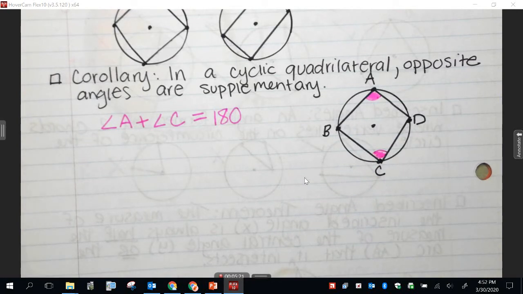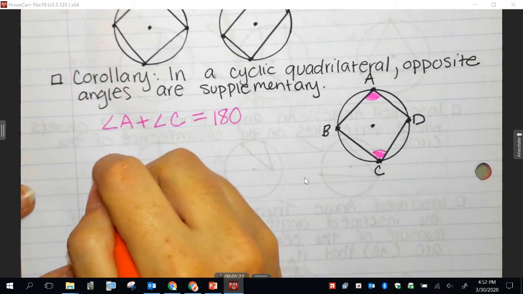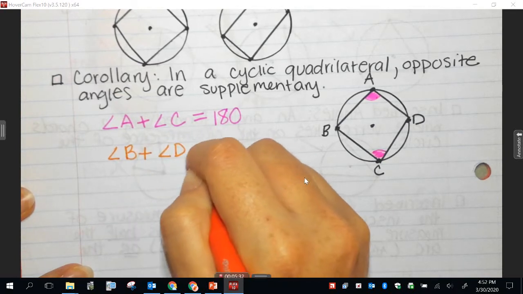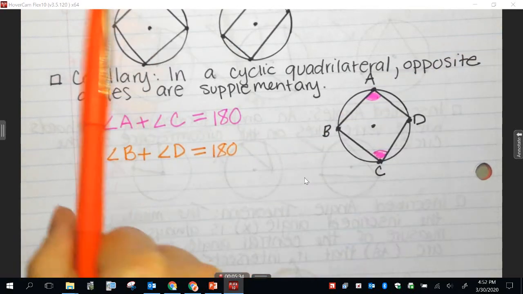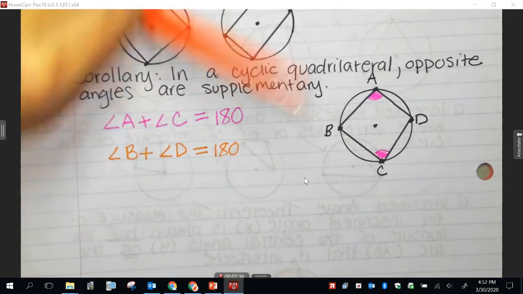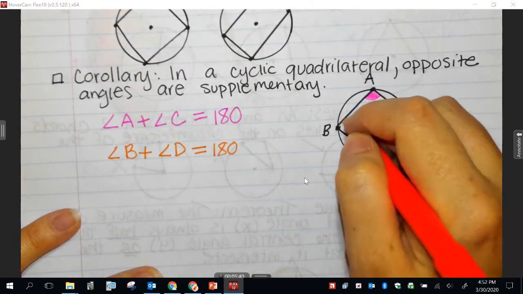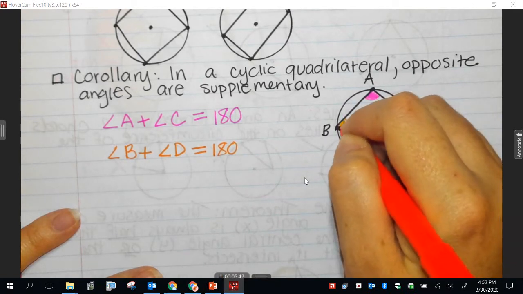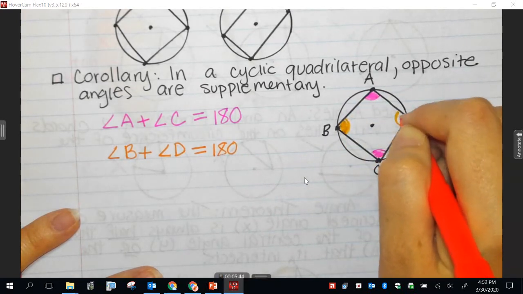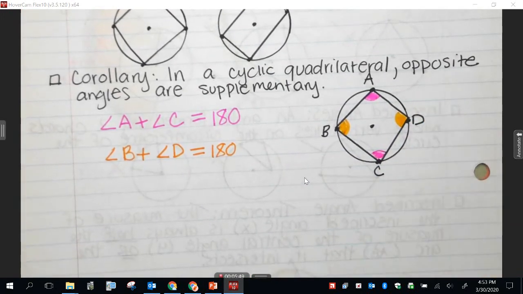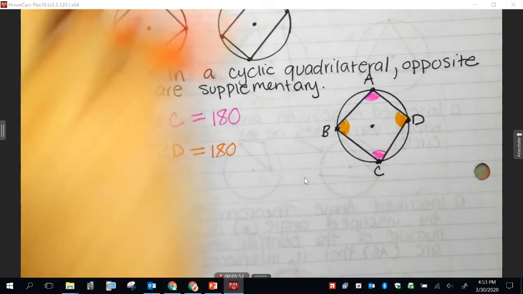Also, angle B plus angle D would be equal to 180. Opposite means across from. So in a cyclic quadrilateral, in this picture, A and C are across from each other, and then B and D are across from each other. So those are the opposite angles that are supplementary.